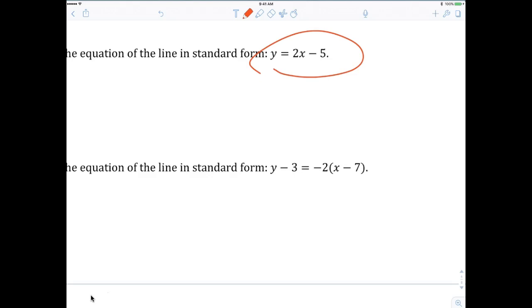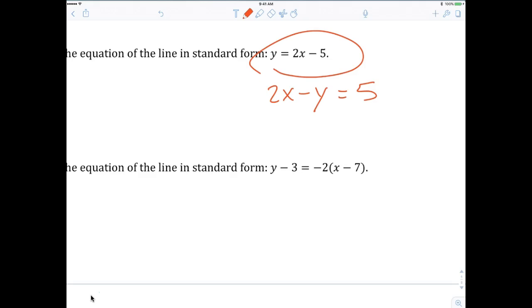All right. So all you got to do is write that one in standard form. That's just visualizing it. It's in slope intercept. So standard form. What would it be? In standard, it would be 2x minus y equals 5.